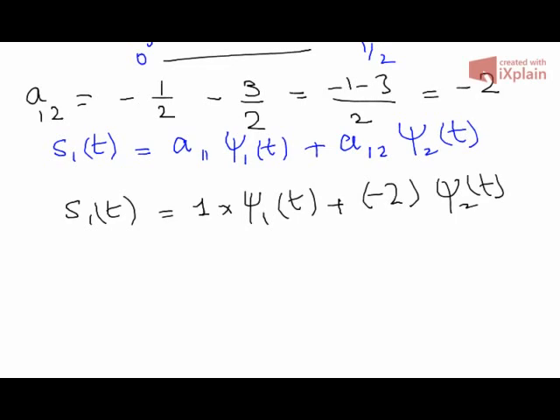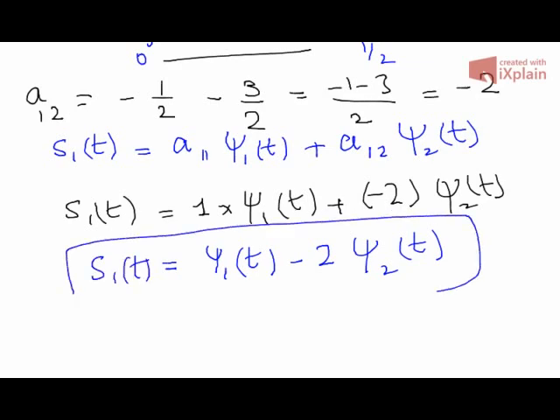We can write it as psi 1 of t minus 2 psi 2 of t. Now this is our S1 of t.